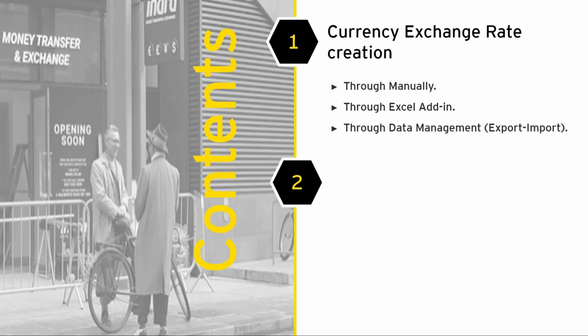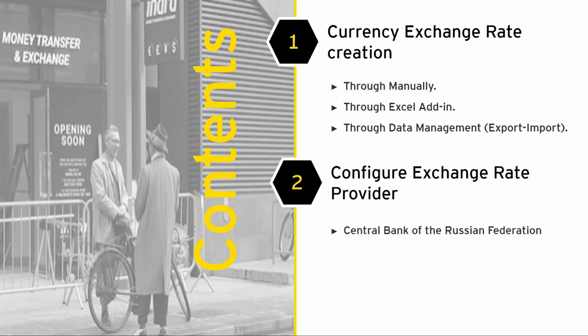Now the second point that we are going to cover in today's session is configuring exchange rate providers. There are three providers currently available in Dynamics, and one of them requires an API to be configured. The first one is the Central Bank of Russian Federation, where we will directly import the data.